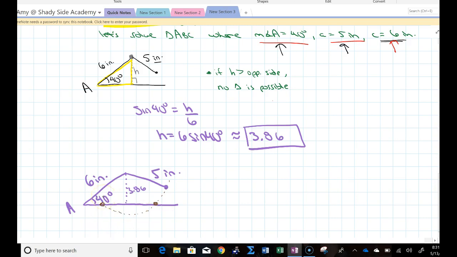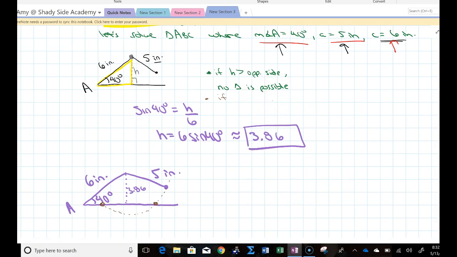Okay, and what happens, so here is case 2, if h is less than the opposite side.